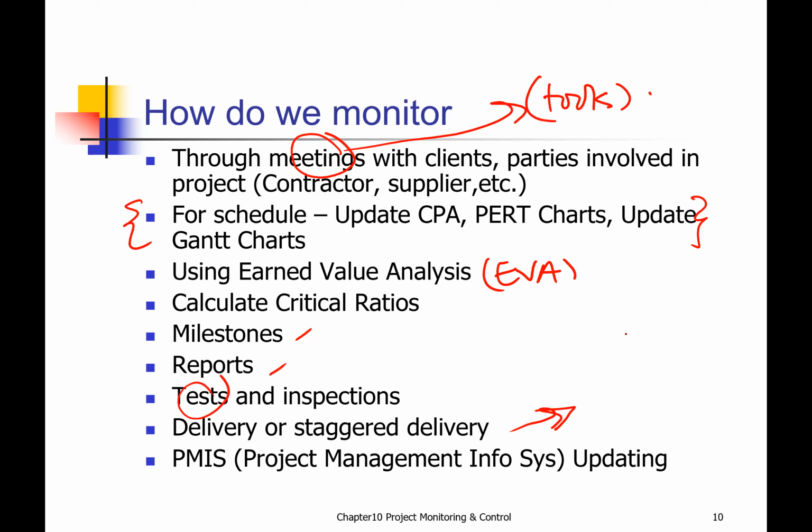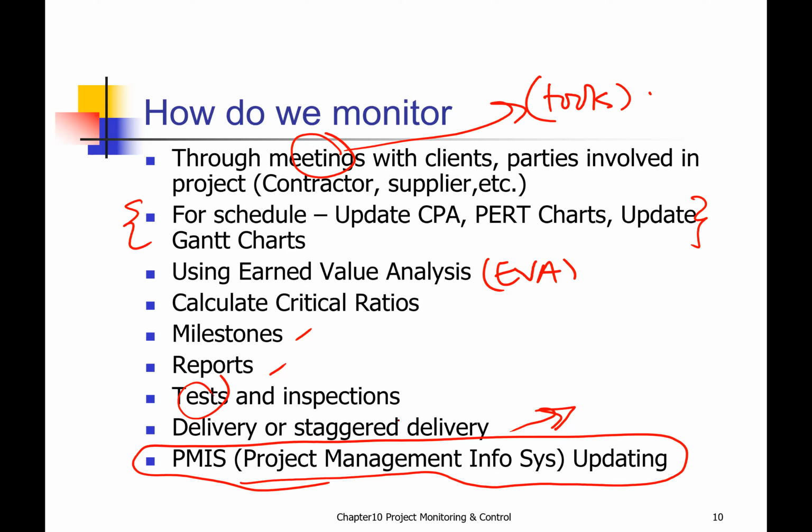So those things affect your management process. And then project management information system. This is software. You can develop your own, or you can buy commercial software in order to monitor and control your project properly.